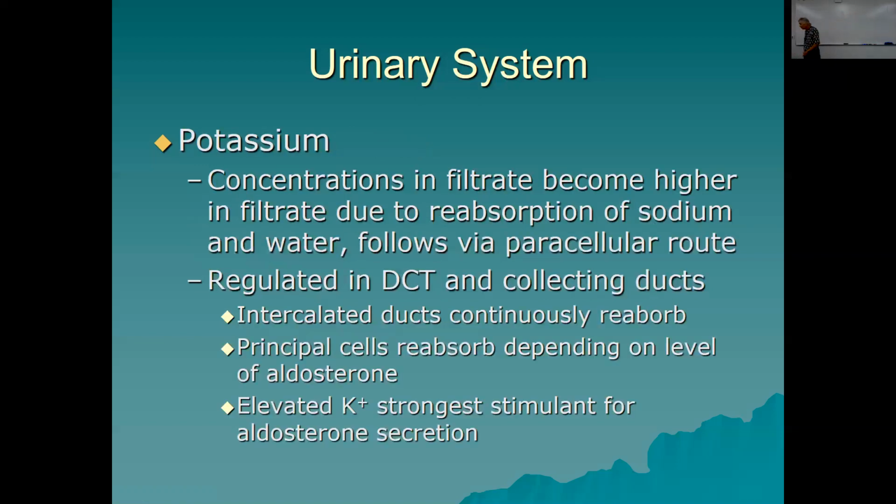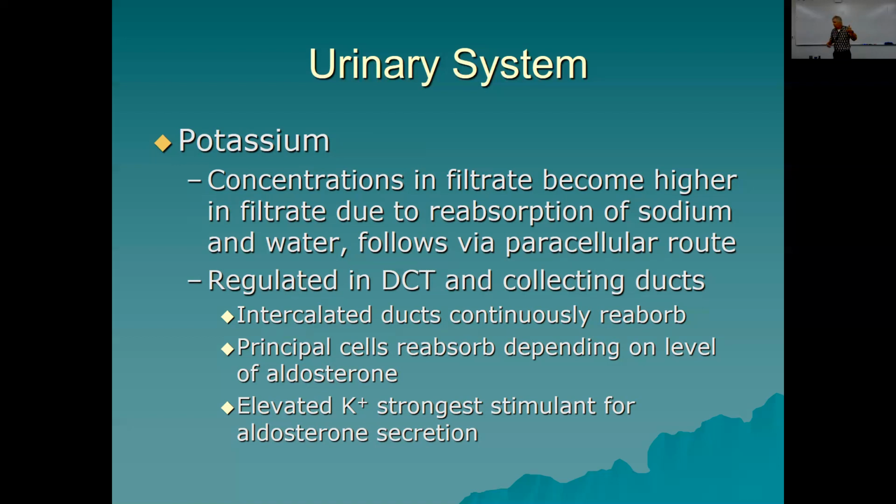Okay. Let's look at these different ion excretions. Starting with potassium. This is on page 980 of the book. And concentrations in filtrate become higher in filtrate due to reabsorption of sodium and water between the cells along the paracellular route.